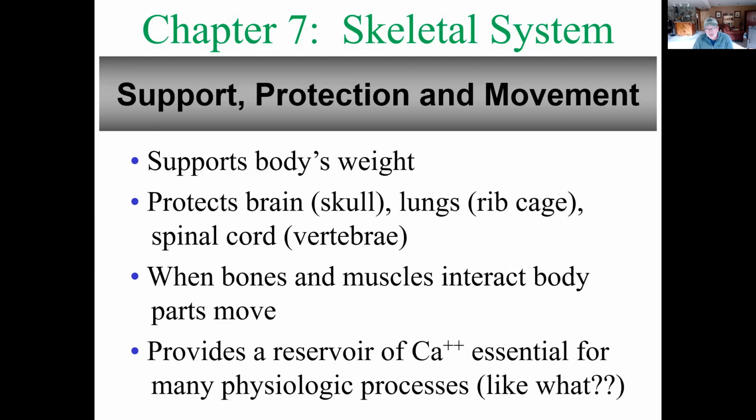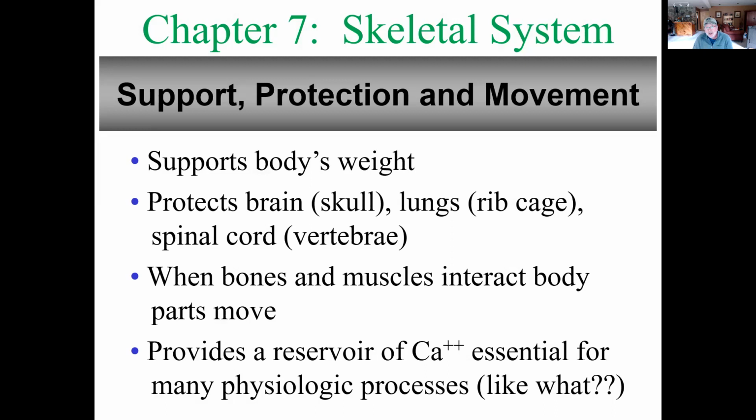And the fourth major function that we will also talk about in this chapter is the fact that when you look at the matrix of bone, which is, of course, very strong due to the calcium present in the collagen, our bone gets its strength from calcium to some extent, but also we use calcium in a variety of different physiologic processes, ranging from muscle contraction to blood clot formation to, of course, building strong bony matrix.